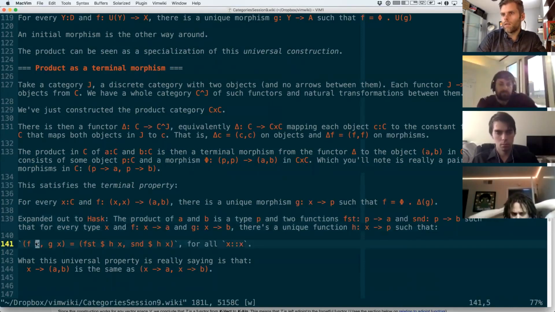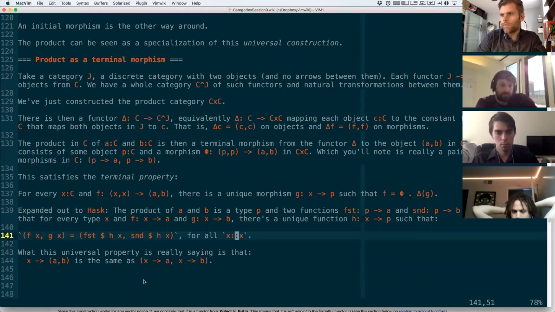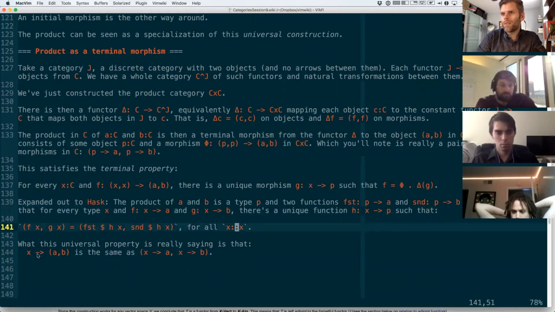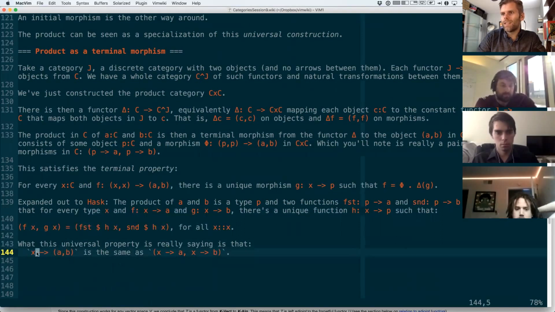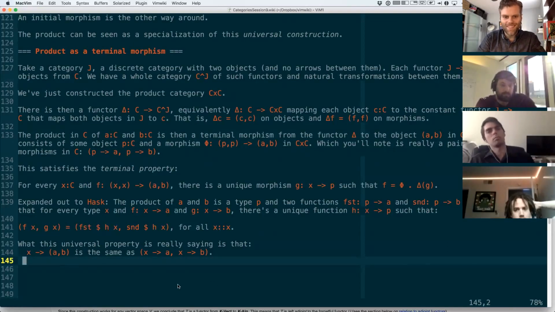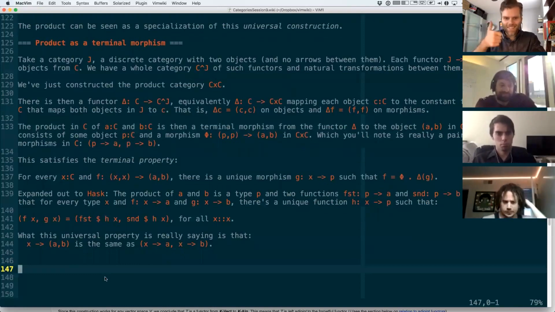So, f of x paired with g of x is the same as first of h of x paired with second of h of x for all x of type X. So the long and the short of it is that what this universal property is really saying is that these two things are the same. Functions into pairs are the same as pairs of functions. So yeah, if you construct that from the universal property.